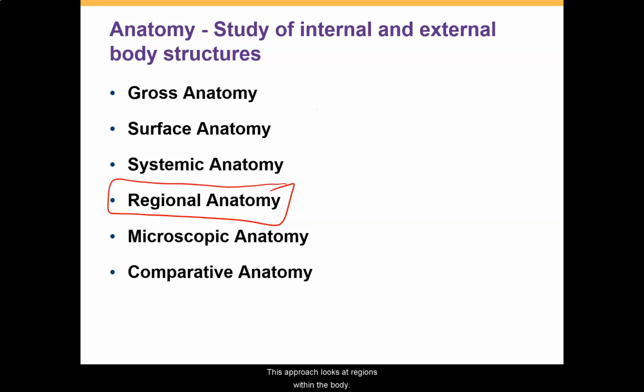This approach looks at regions within the body and how the various organ systems are interconnected within that region. Of course, this is general human anatomy. We are getting our feet wet with anatomy. So a regional anatomy approach is really more for a more specialized type of course.